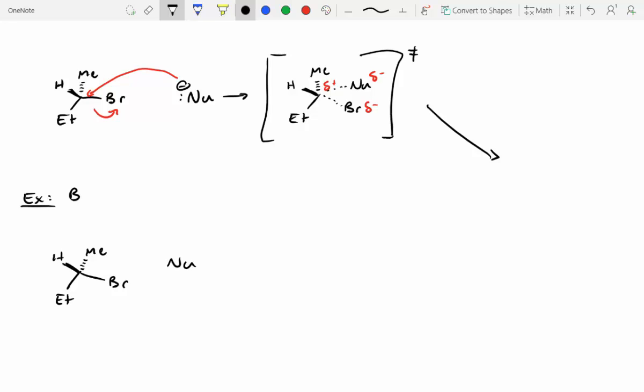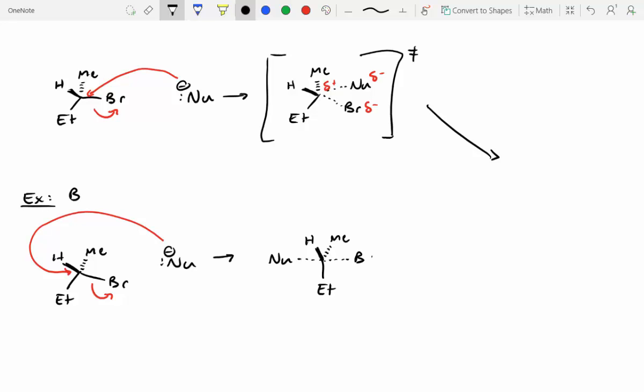So we've got our nucleophile here with the negative charge. This time it's going to sneak around all the way to the backside and then shove off that bromine. So now we've got Nu here. Got this hydrogen that's still a wedge, this methyl group that's still a dash, ethyl group still a line.